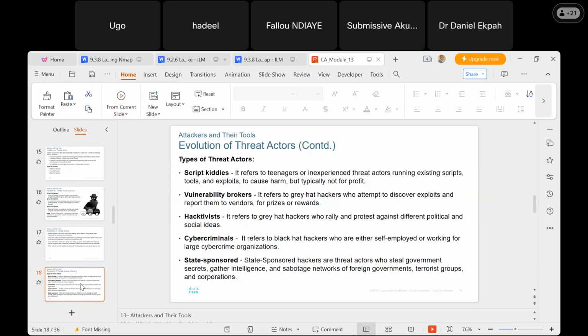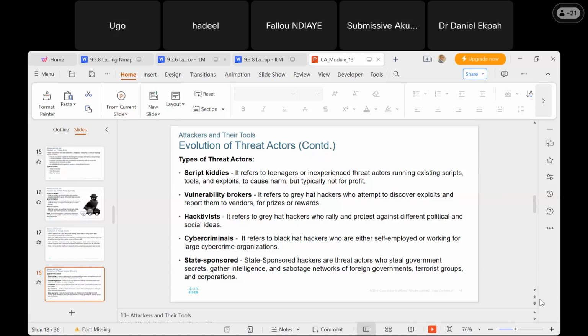And then we have the state sponsors. This has to do with threat actors who steal government secrets and gather intelligence. You can see between nations, actually trying to outsmart one another. So you agree with me that state sponsored is more or less a very devastating one, where countries try to penetrate and steal sensitive data of other countries to use it against them.